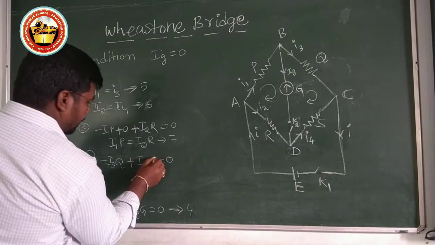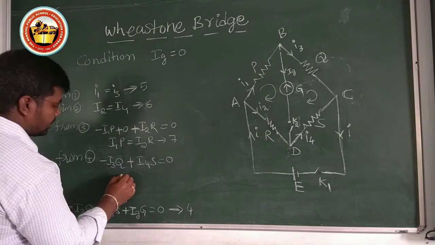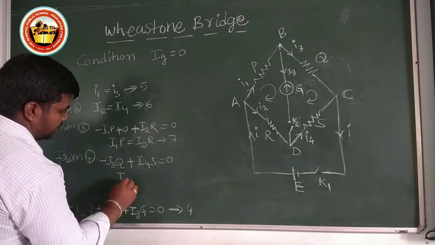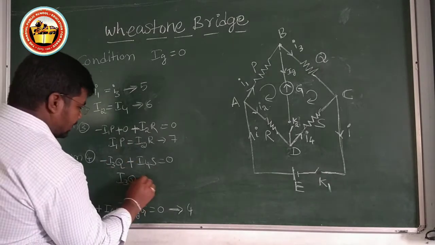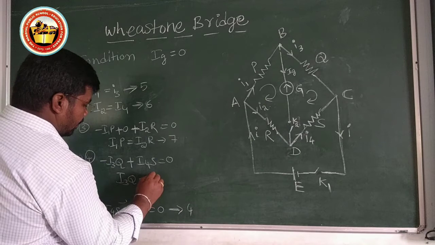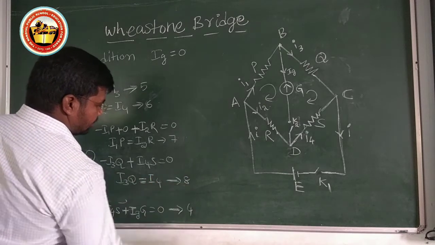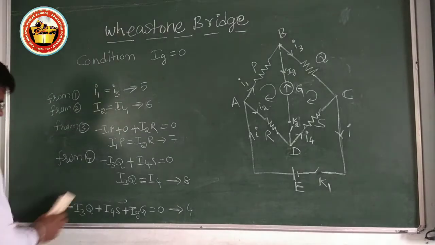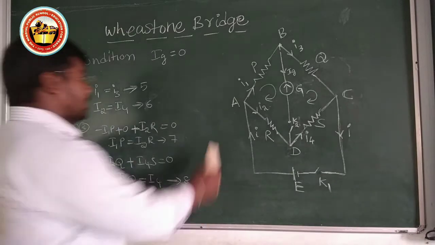Rearrange this: I3 Q is equal to I4 S, equation 8.